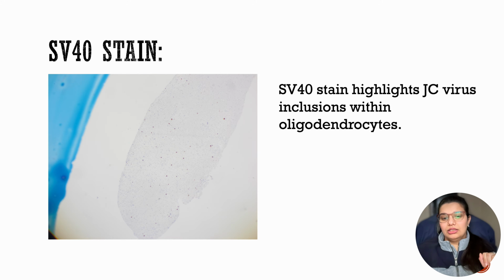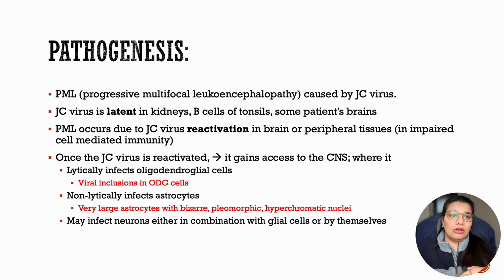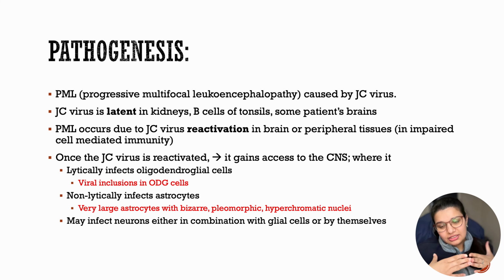So a little bit of overview on the pathogenesis of the disease, because I believe it's important to understand the disease, then you would better master the pathological findings, and clinical correlation is obviously important. PML is caused by JC virus, as I already mentioned.